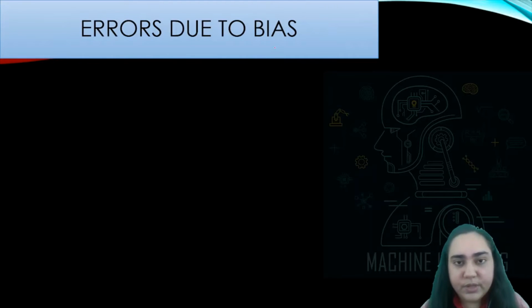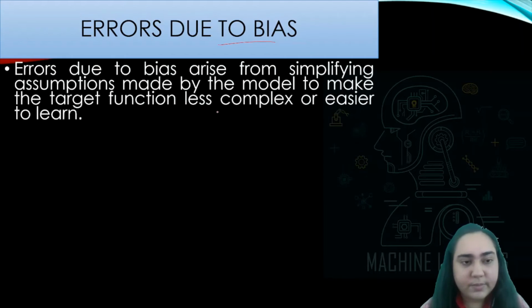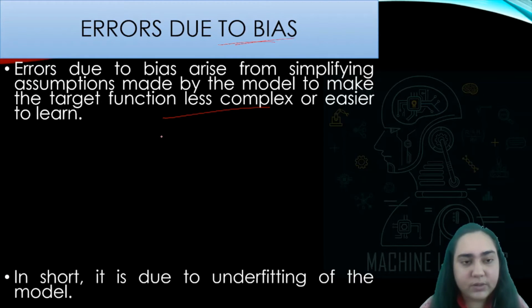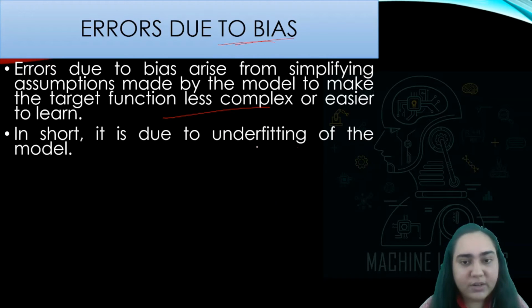Let's talk about errors that can occur because of bias. Errors due to bias arise from simplifying assumptions made by the model to make the target function less complicated or easier to learn. So when you're doing oversimplification or overgeneralization, then you will have bias. This is due to underfitting of the model, right? We saw that earlier.